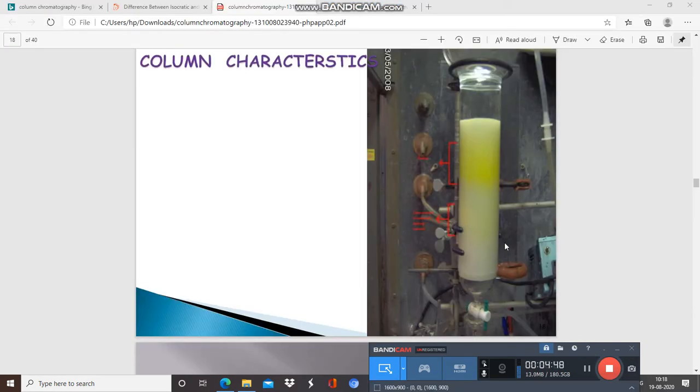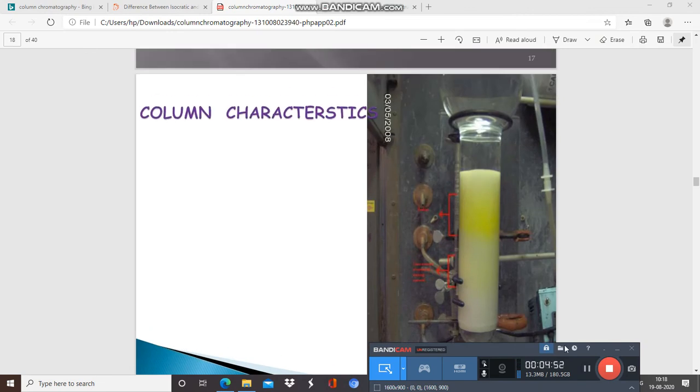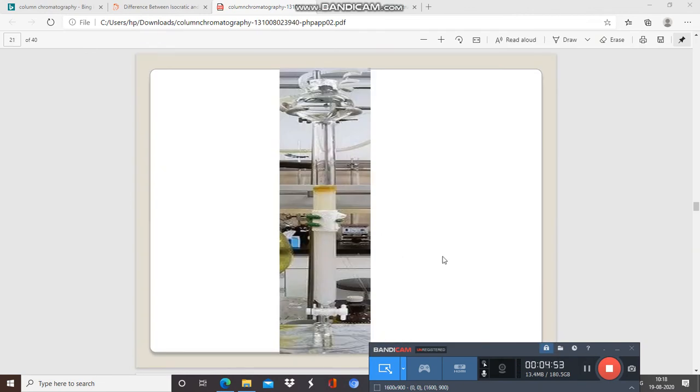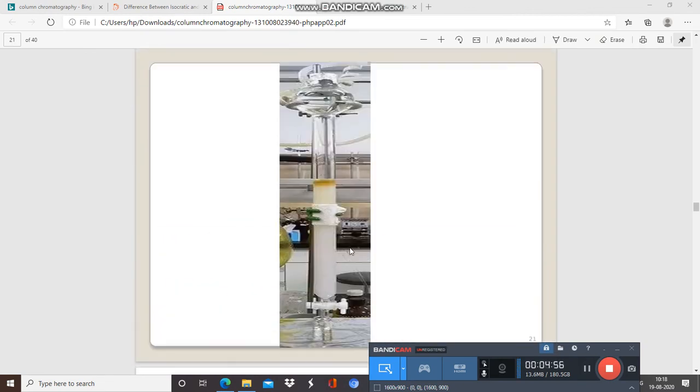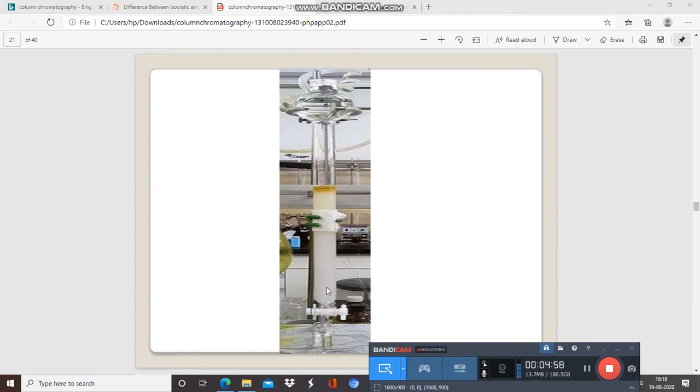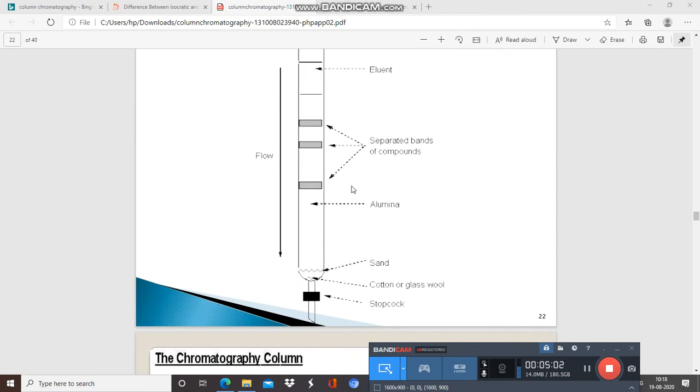Again you can see this is the column, and this is the packing of the column. Always remember one thing: the diameter or the height of the column depends upon the sample you have to separate. This is a very important figure. This is the top coat, this is glass wool, and sometimes you will add a sand layer so that a uniform layer occurs and the separation will be uniform.